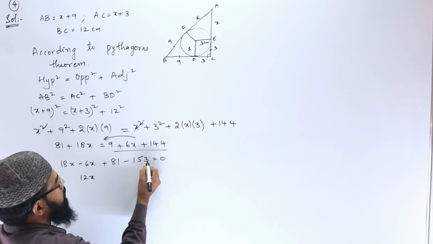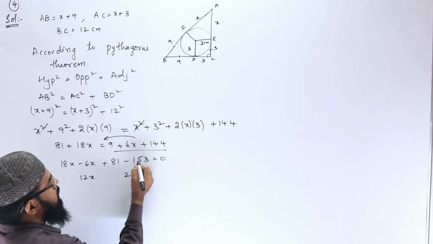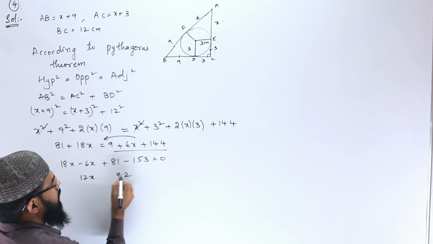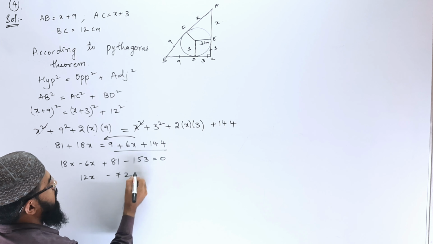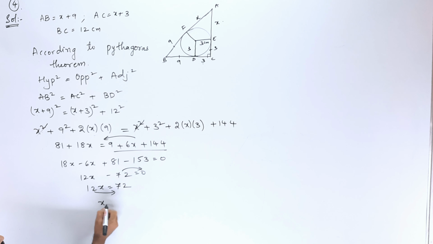If we subtract this, 153 minus 81 is 72, that is minus 72. Send it to that side. So 12x is equals to 72. 12 goes down, x is equals to 72 by 12. 12 ones are 12, 6 are 72. So therefore x is equals to 6 centimeter.